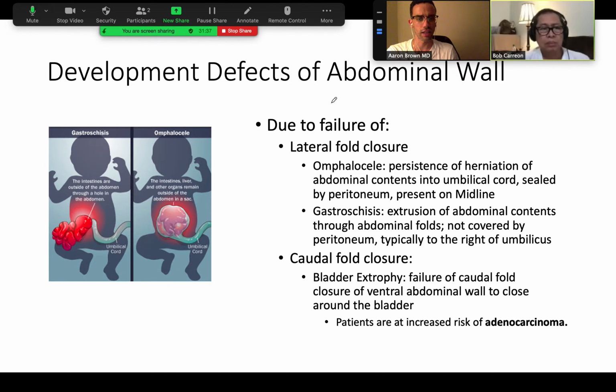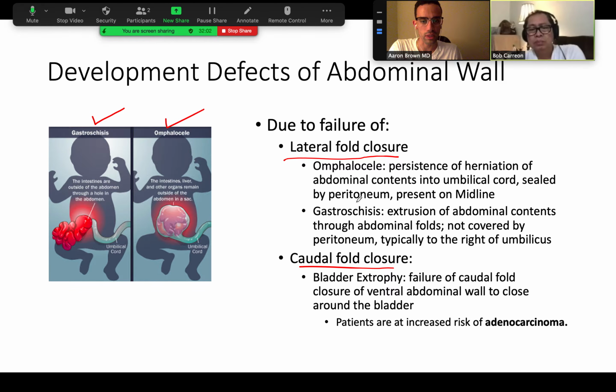Now, some developmental defects. We have our gastroschisis and omphalocele. Probably the funnest disease to say in medicine, omphalocele. So these can be due to either a lateral fold closure or a caudal fold closure. Caudal fold closure has to do with the bladder, excuse me. For the lateral fold closure, you can have either the omphalocele or gastroschisis.